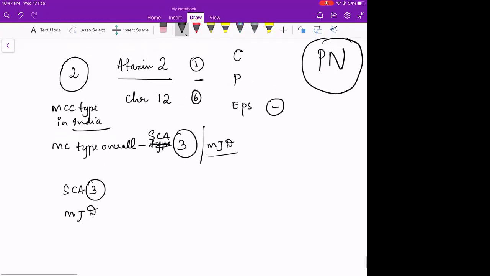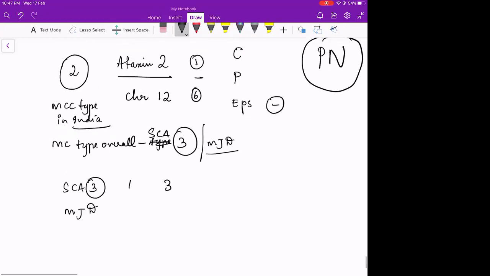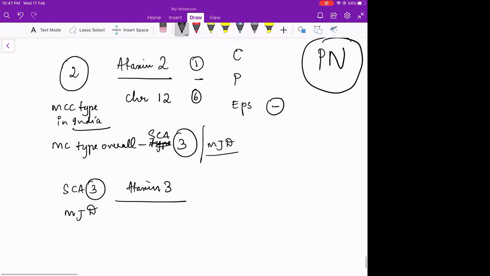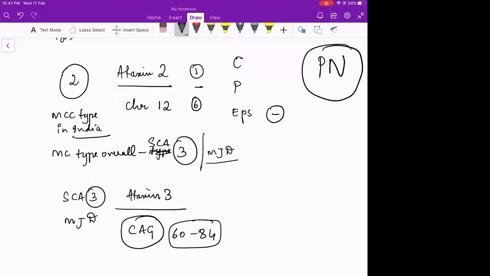Here the protein affected is ataxin 3. The CAG repeats will be around 60 to 84. In type 2, it was more than 35 up to 70.